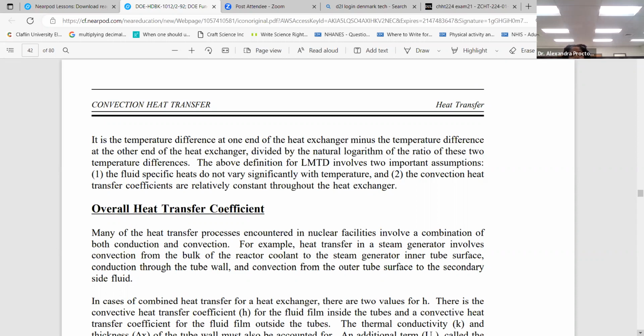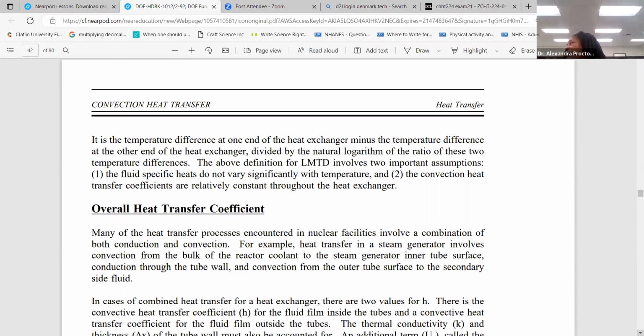So the overall heat transfer coefficient. Many of these heat transfer processes encountered in nuclear facilities involve a combination of both conduction and convection.